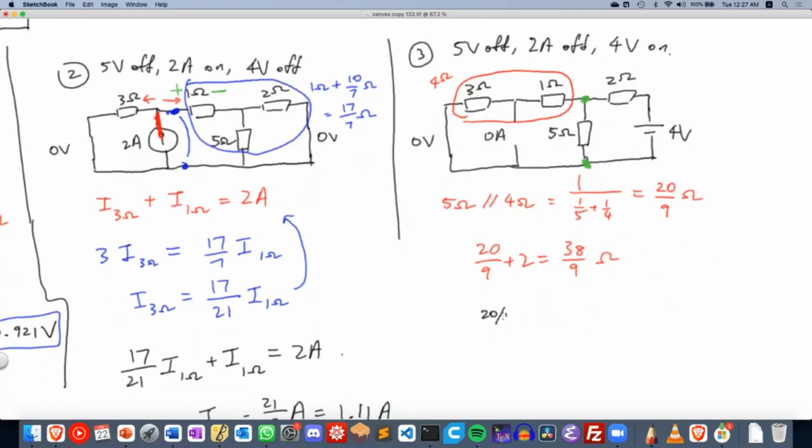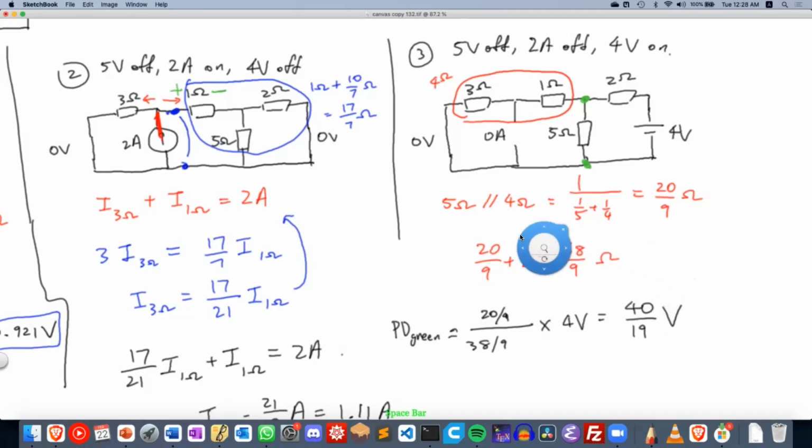So we have 20 over 9 for the 3, 1, and 5, over 38 over 9, multiplied by, so the PD, the green PD across the 5 ohm one, is going to give you this times 4 volts. So that's 20 over 38 times 4. That's going to give you 40 over 19 volts.